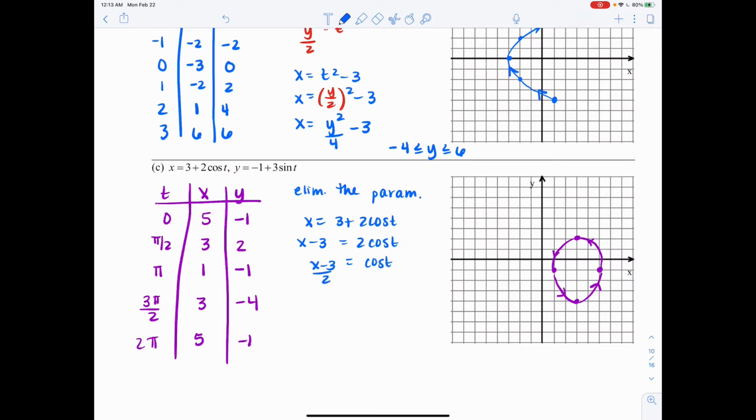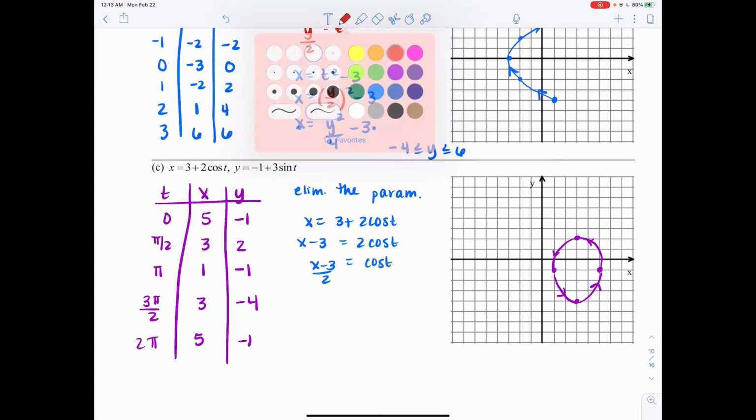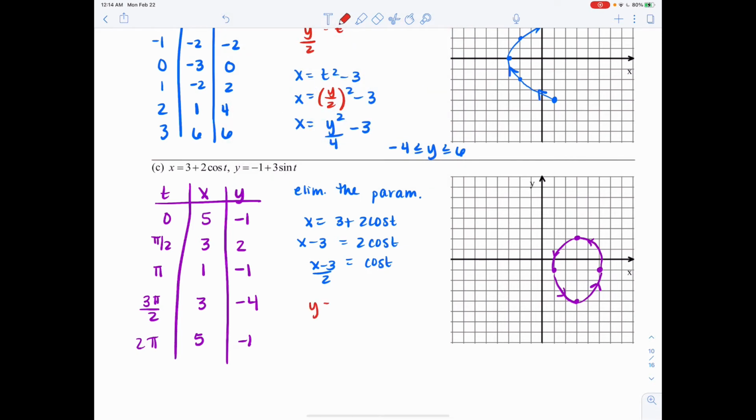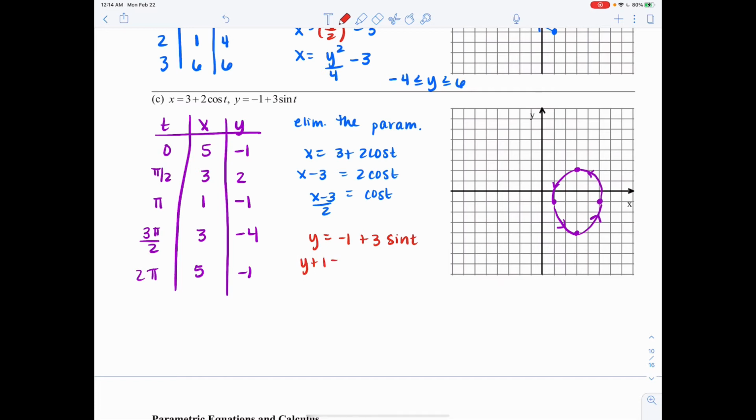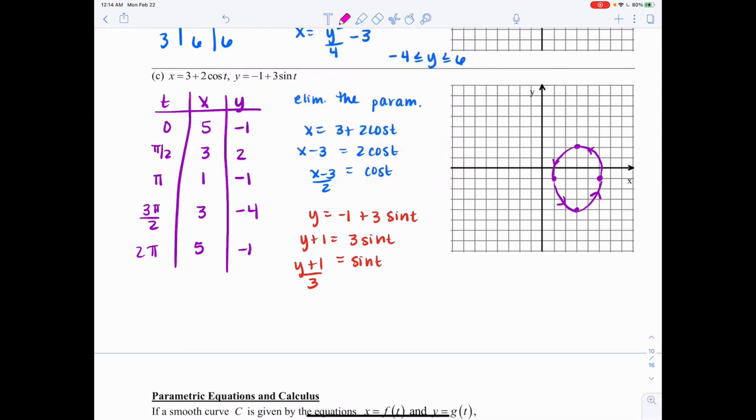Now, don't solve for t, you're not going to get anywhere. But watch what happens. If I go y is equal to -1 plus 3 sine t, add 1, divide by 3. I can now say, what do I know that can help me here? Well, we know that cosine squared and sine squared should equal 1.